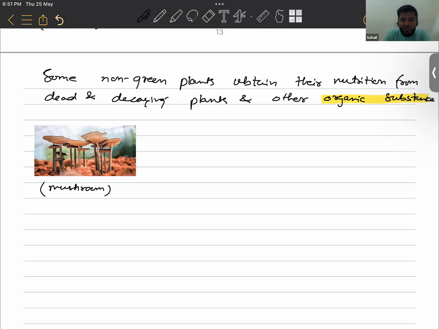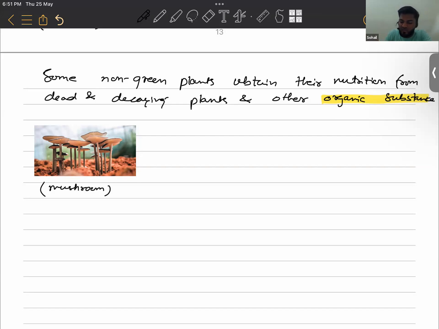So anything which was once alive, that is called organic. Like if there's a fallen leaf or a dead plant, once there was life in it, once it was part of a living plant, okay, or if there are remains of dead animals, that will also be called an organic substance. Why? Because once it was part of a living being, once it was alive.